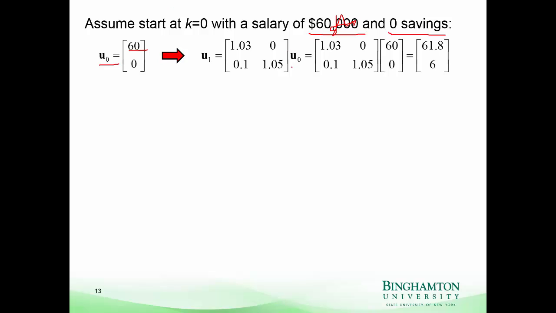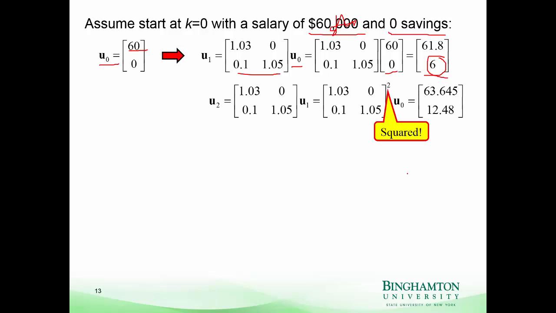We just take u sub 0, plug that in, multiply by our matrix A, and we get that we now have $61,800 as our new salary, and at the end of that year, we've got $6,000 in our savings account because we put in 10% of 60,000. And we didn't get any interest on our previous year, so that didn't have any impact. And then we can go on.